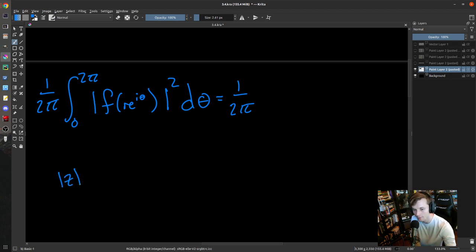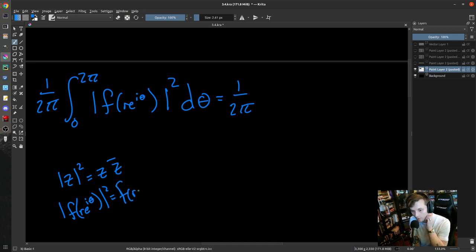Since modulus z squared is equal to z times z bar, modulus f of r e to the i theta squared is equal to f of r e to the i theta times f bar of r e to the i theta, right? Where f bar is just, if f is written as u plus iv, it would be u minus iv, right? So let's do that.